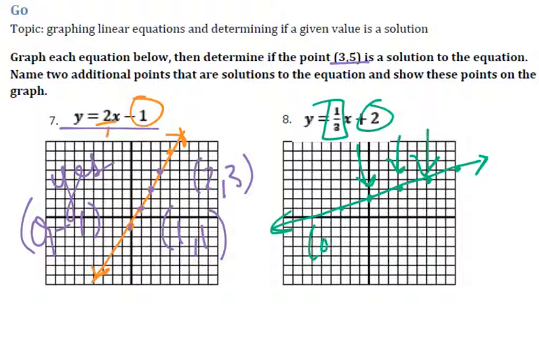So 0, 2 would be a solution. 3, 3 would be a solution. Okay, is 3, 5? Well, over 3, up 1, 2, 3, 4, 5 isn't. Not on the line. So no, it's not. But here are some others. We could even go over 6, up 2, so 6, 4 would be another one.